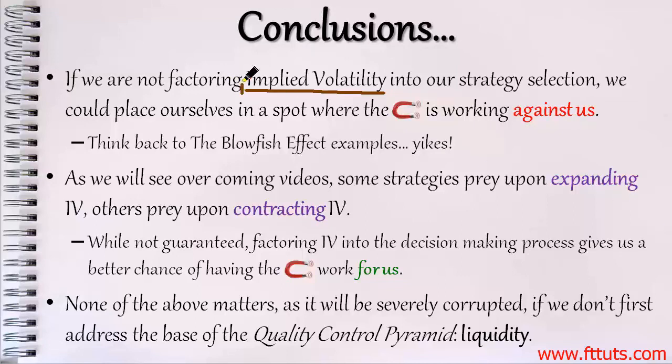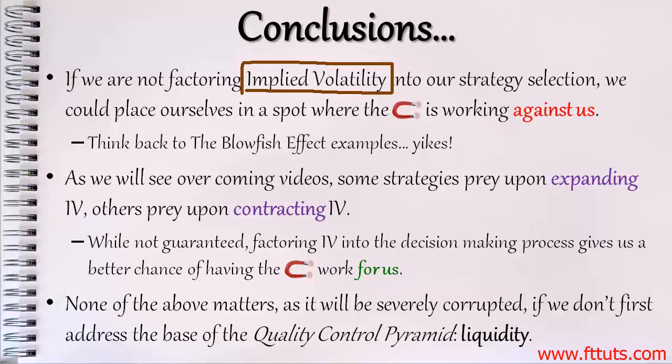This refers to the IV percentile. So we need to factor implied volatility via the IV percentile because we want to avoid the magnet working against us.